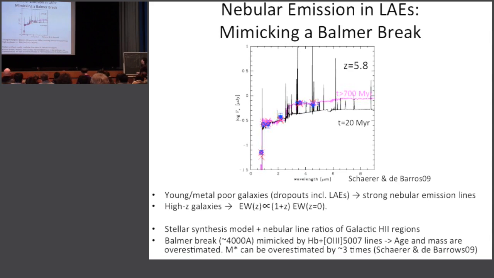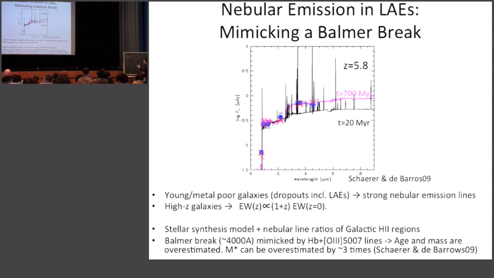But if you include the nebular emission given by the local galactic H2 region empirical relation, shown with the black lines, then your continuum doesn't have the Balmer break, but shows significant [O III] and H-alpha emission lines. These two strong lines mimic the Balmer break, as suggested by this study.